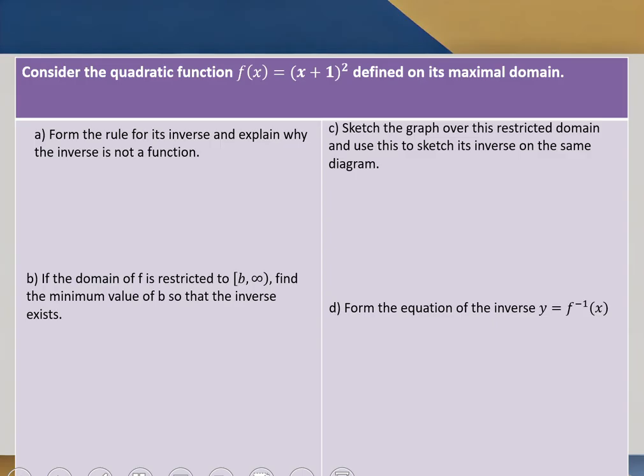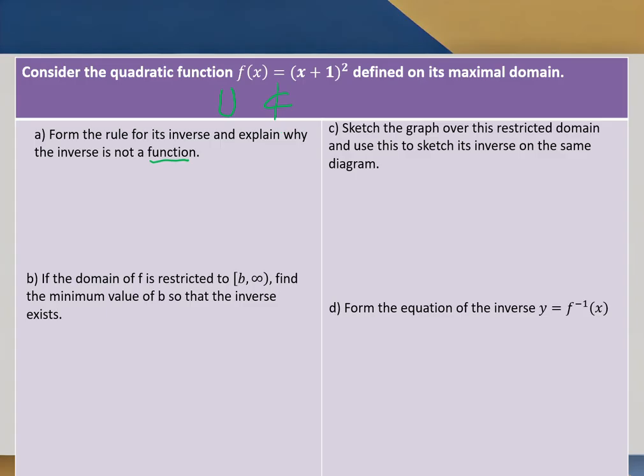Well, the first thing we will do is think about this as a quadratic. So I will draw a picture up here. We know a quadratic, when turned on its side, is not going to be a function, because if we do a vertical line test, it's got 2 points.